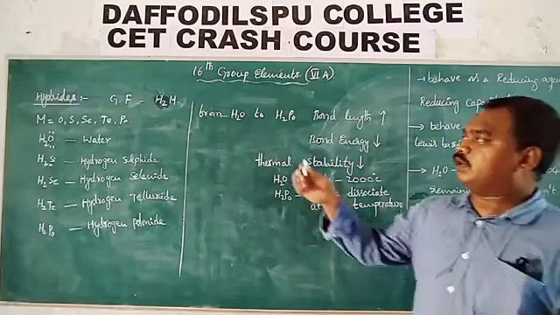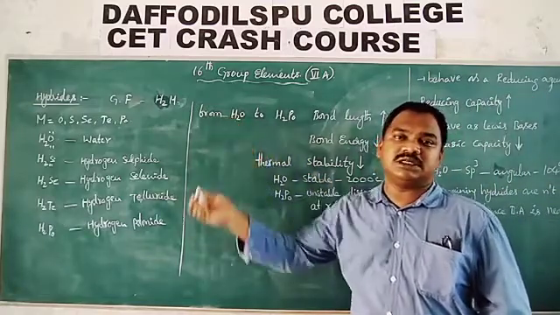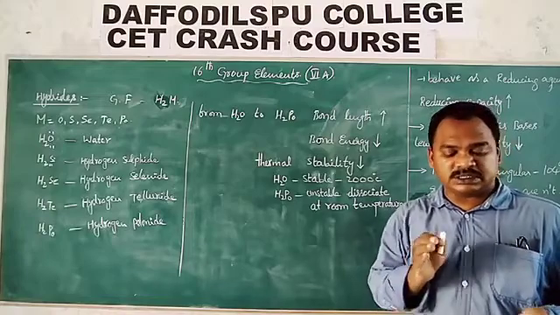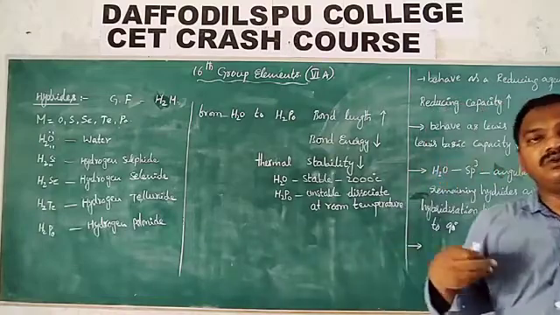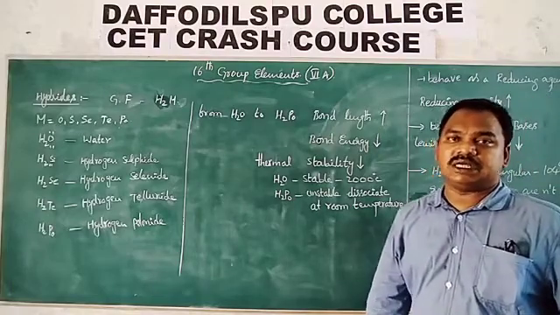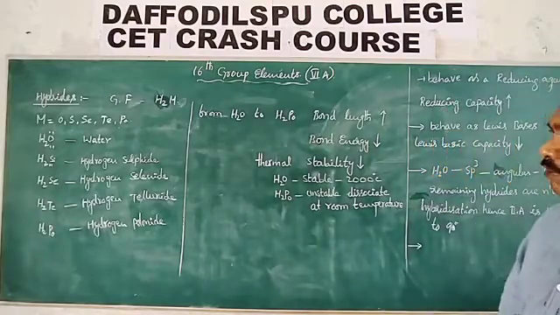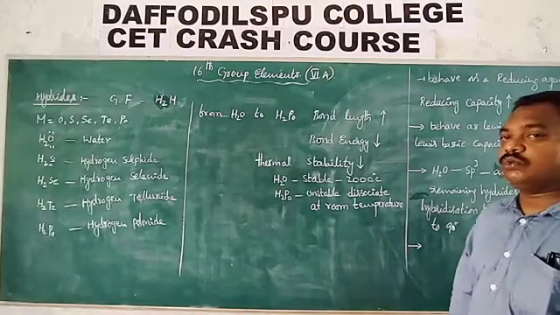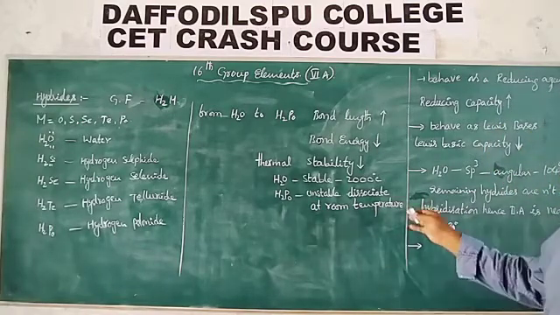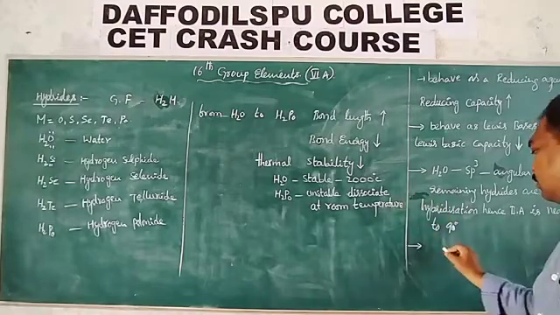H2O is the smallest one, so its boiling point should be lower according to our expectation. But due to the presence of intermolecular hydrogen bonding, H2O has a higher boiling point when compared with other hydrides.